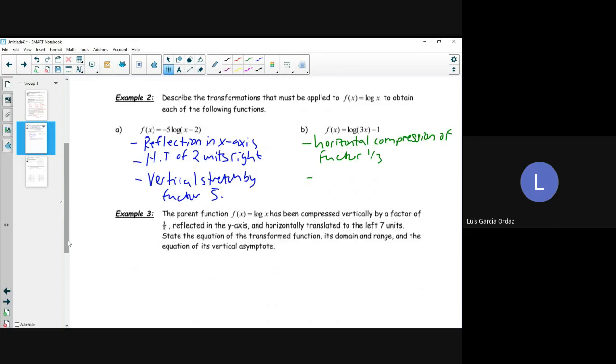And what is the last one? Vertical translation of 1 unit down.